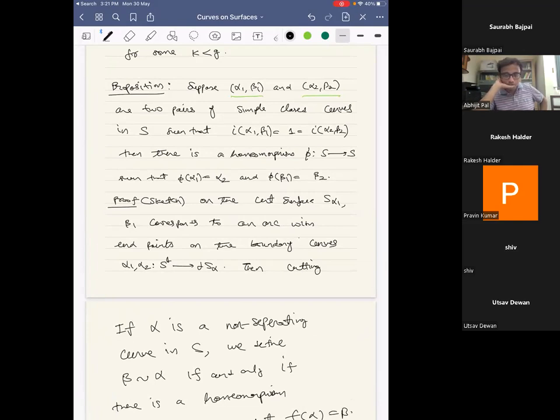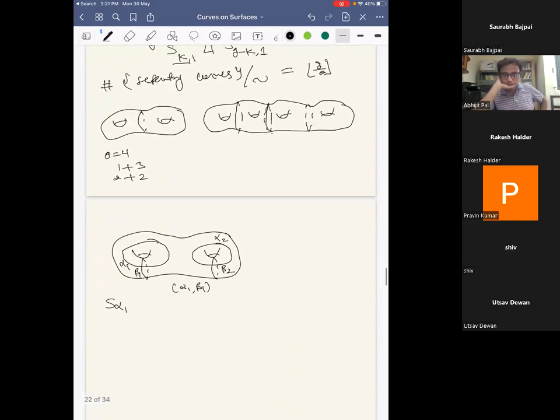Your curve beta 1 will correspond to an arc. Once you remove alpha 1, beta 1 is nothing but this arc on the surface.